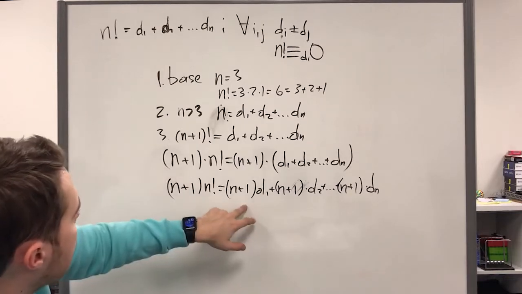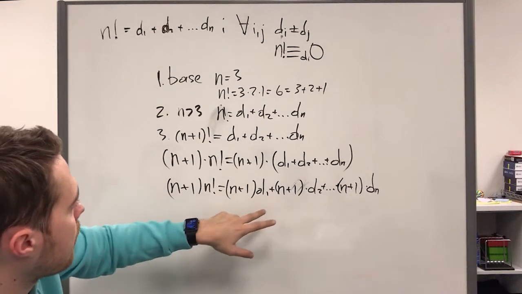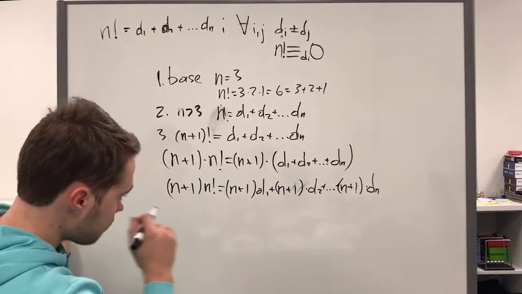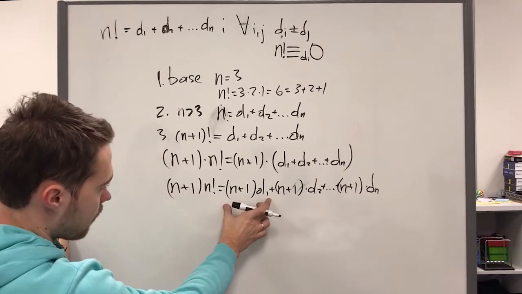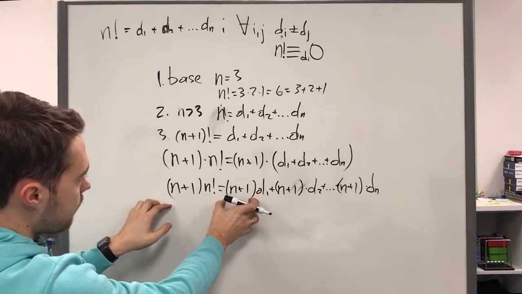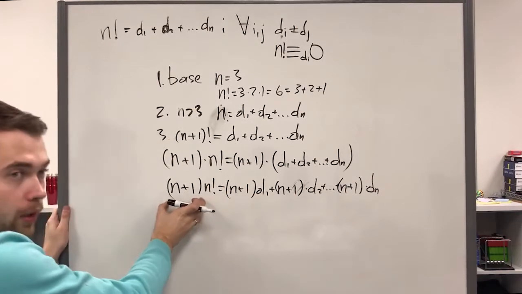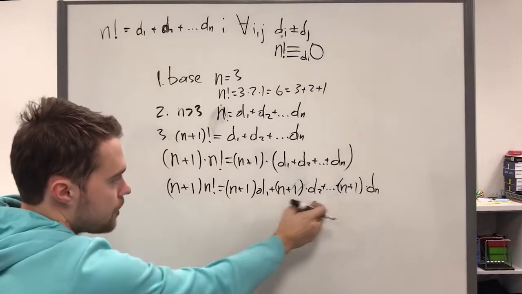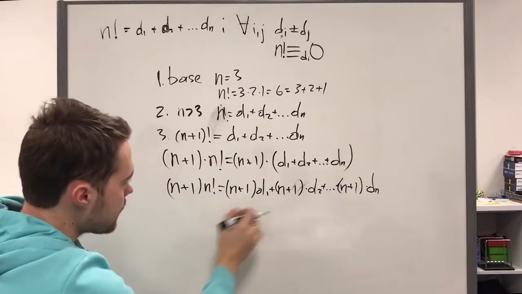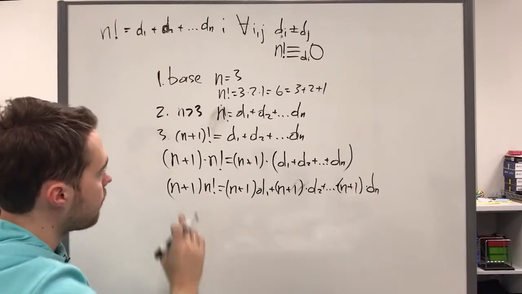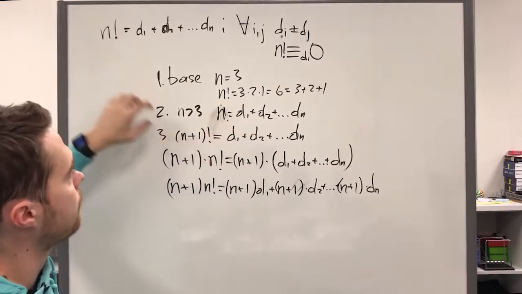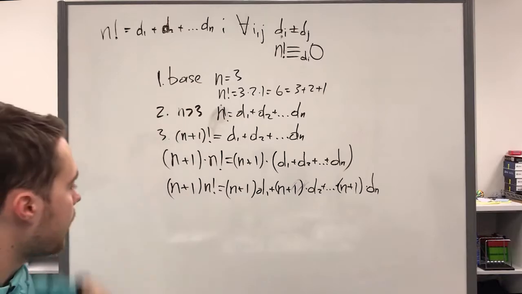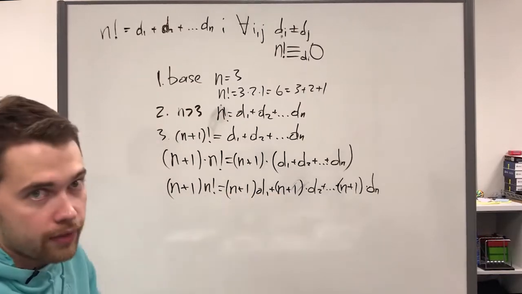So it's obvious that each one of them is a divisor of this number. So here's why. Because n plus 1 can definitely be divided by n plus 1, right? So those are the same, they're definitely divisors. And d1, d2, dn, all of those d's also divide n factorial because of the hypothesis we made in step number 2.